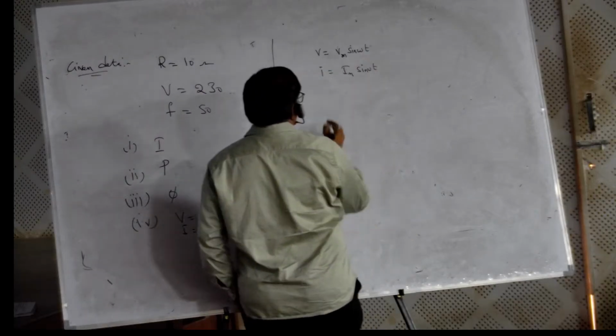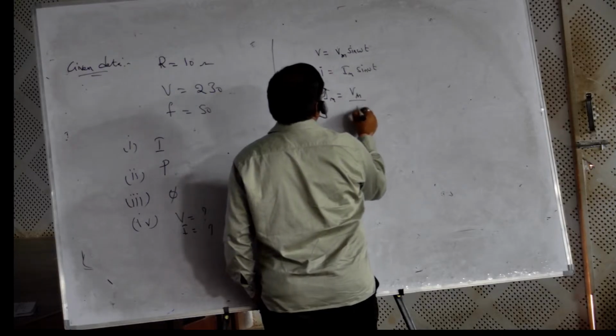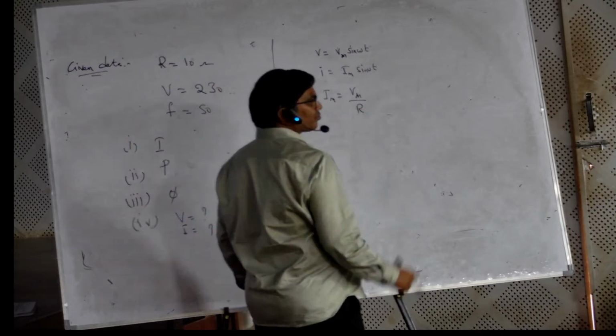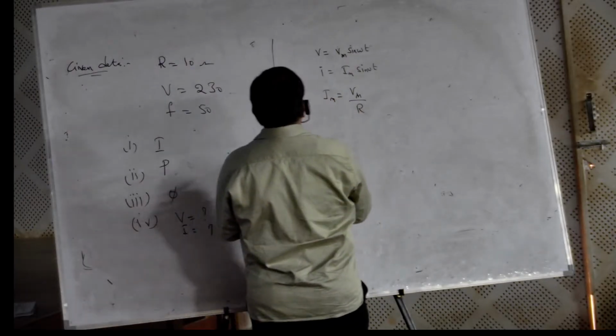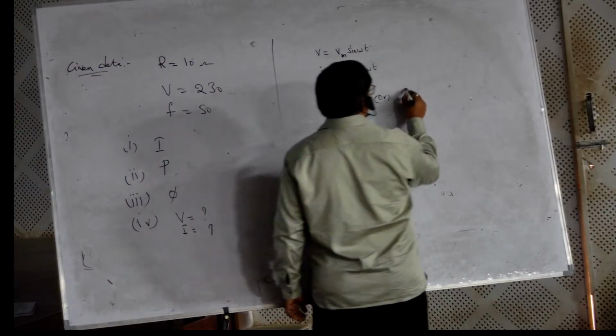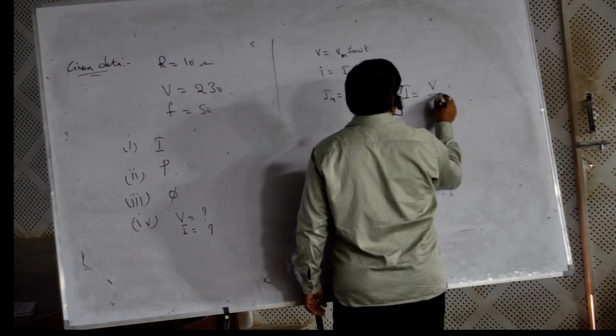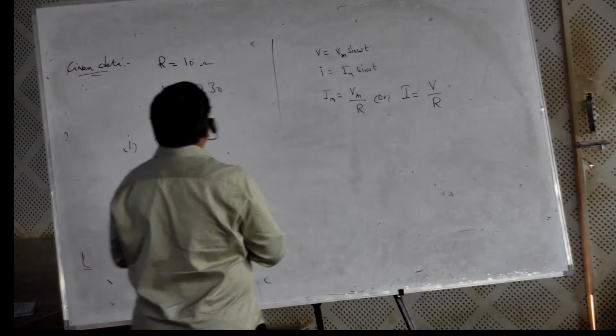So what is Im? Im is equal to Vm by R. Also I is equal to V by R.